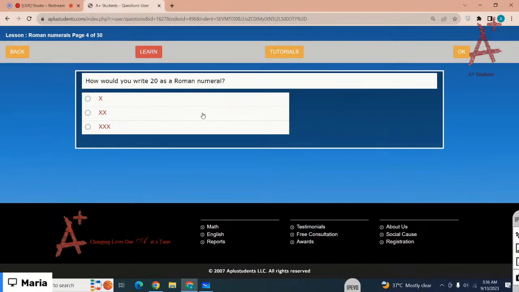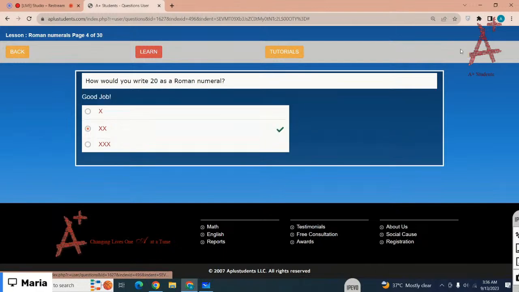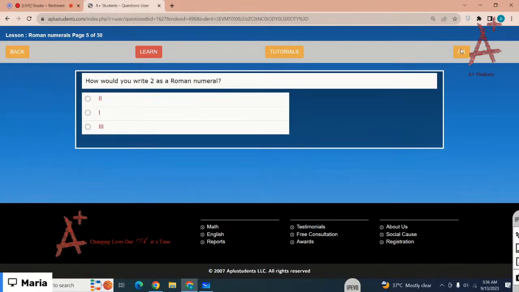XX is 20. How would you write 2 as a Roman numeral? So which is the correct option? So you can write 2 as option number 1, that is the correct option, right?